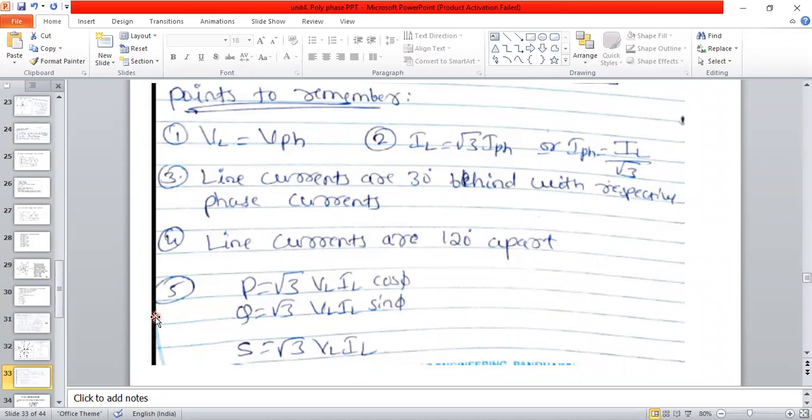Next line: therefore, IL equal to root 3 IPH.